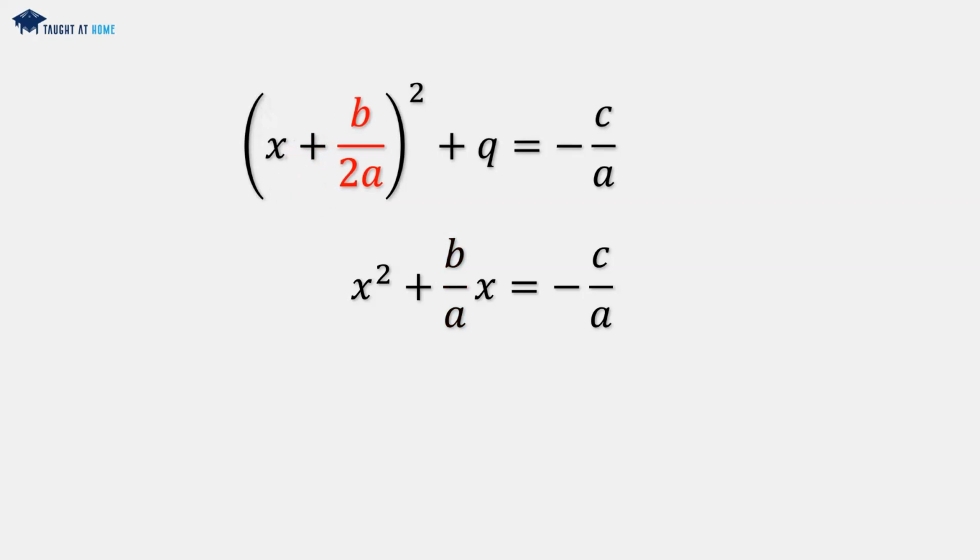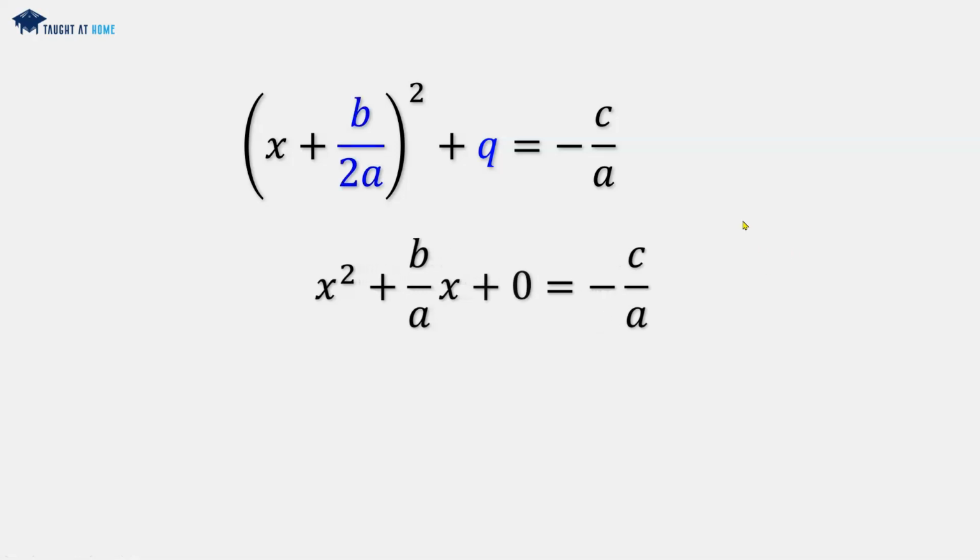Now we want to find q. Because this equation, x squared plus b over a x, that could be plus 0. And when we square this, we're not going to have a 0 term. And so we square half the coefficient of x. And then we have to subtract that. So q is minus b over 2a squared, which is b squared over 4a squared.